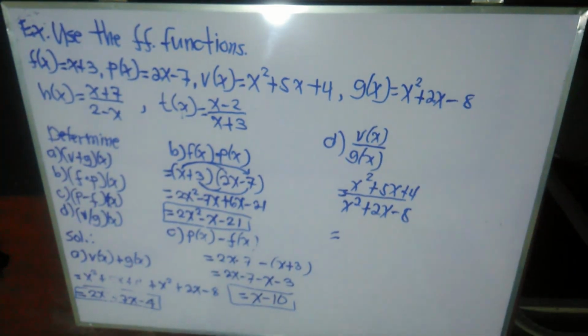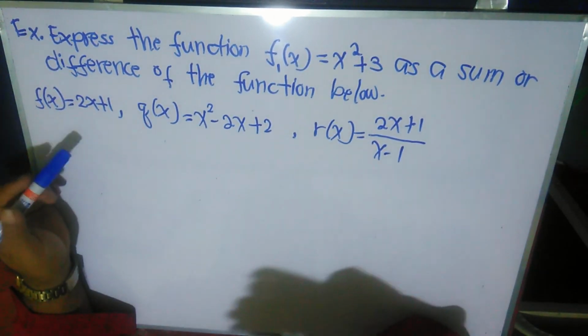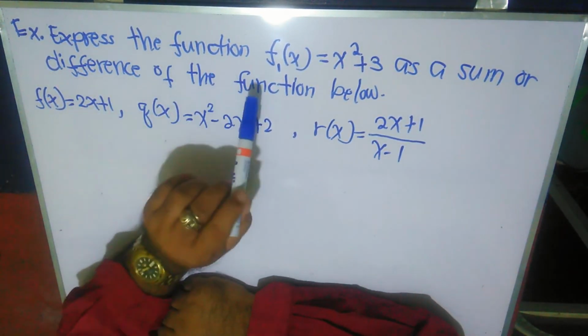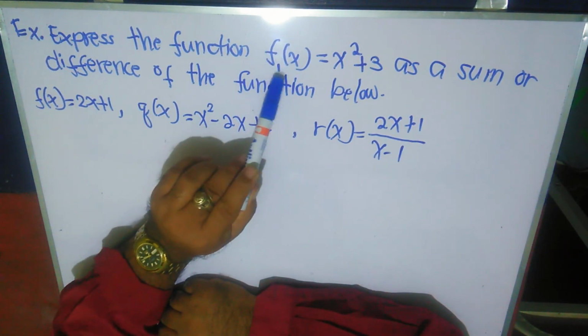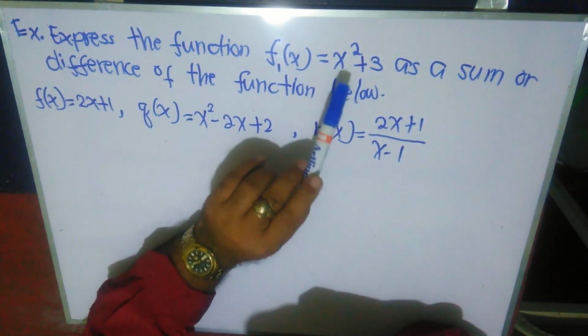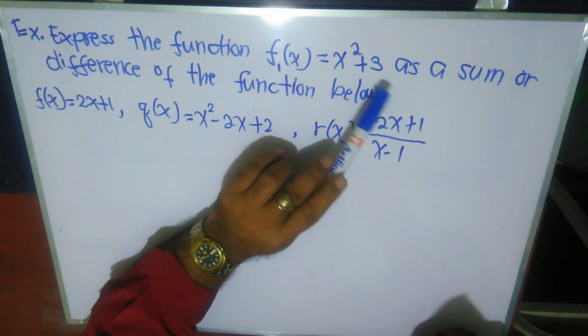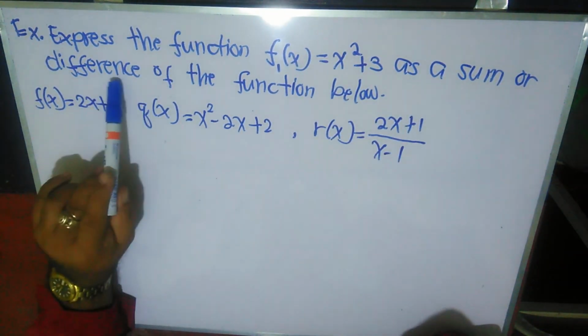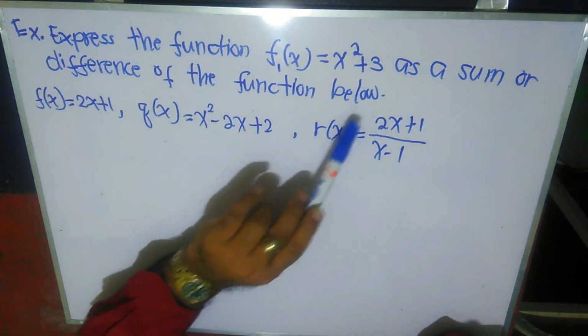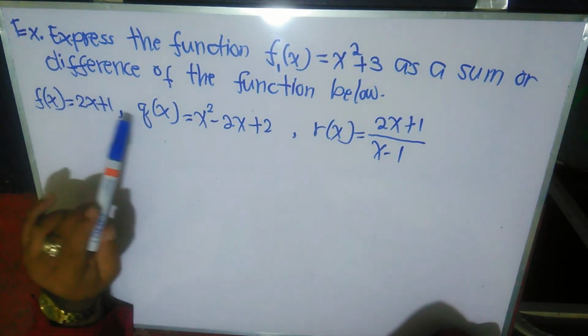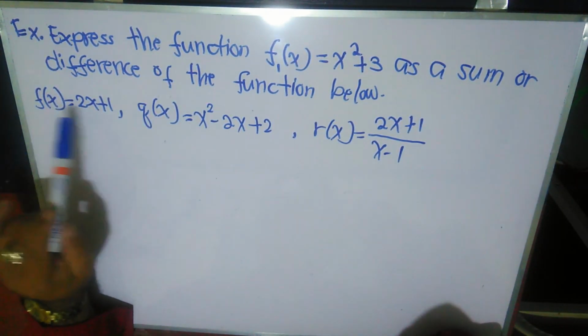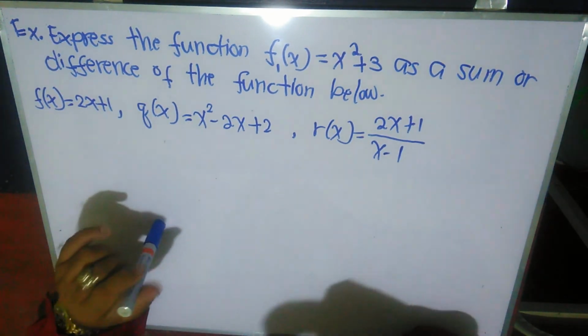Okay, let's have another example. Express the function f sub 1 of x equals x squared plus 3 as a sum or difference of the functions below. These are the functions f, q, and r.